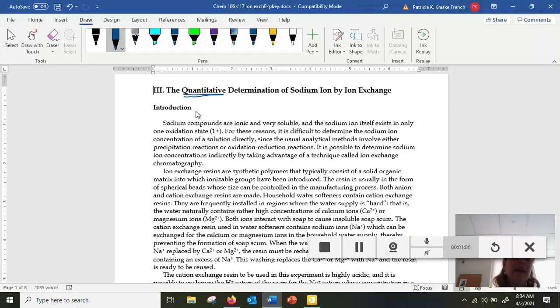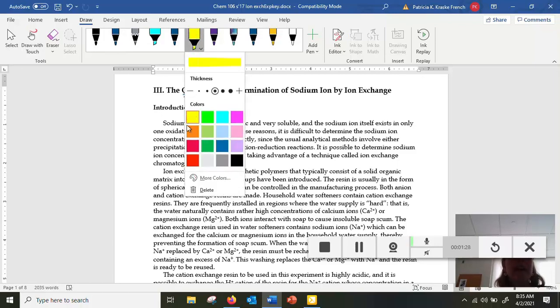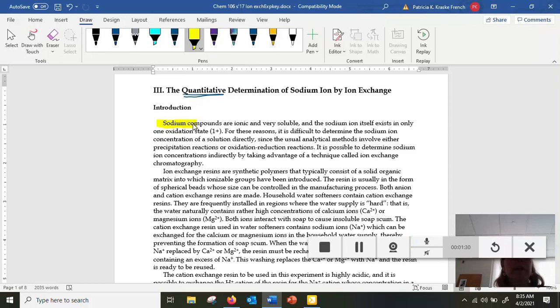Okay? Now, that's all very nice and fine, but this time we don't want to exchange magnesium or calcium for sodium. We're actually starting with a sodium solution, and we're going to try to figure out its concentration. Now, one of the problems with sodium is that it's extremely soluble.